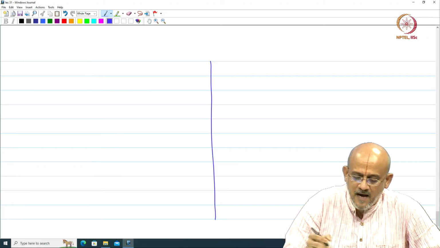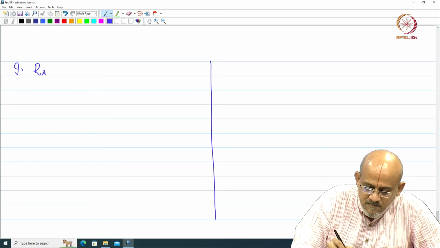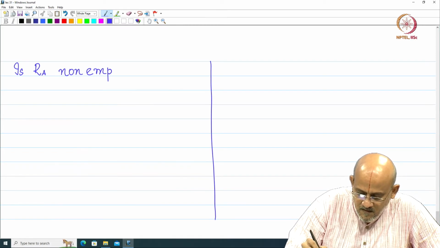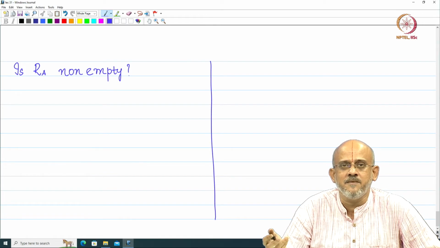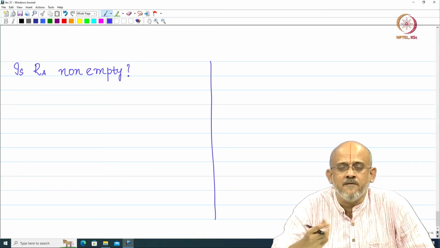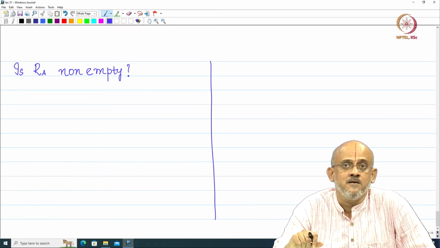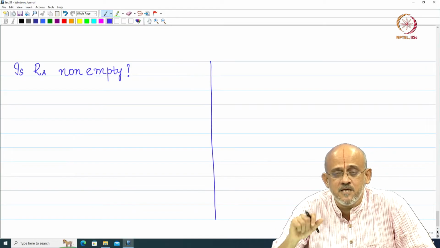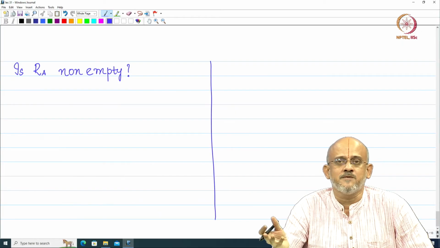So now we want to check if RA is non-empty. So the question that we have is, is RA non-empty? What does that mean? We just want to check if we have at least one vector in this set which can be expressed as a linear combination of columns of A. Of course we do have, the m component 0 vector is already there, because that can be expressed as the linear combination of the columns of A, yes.